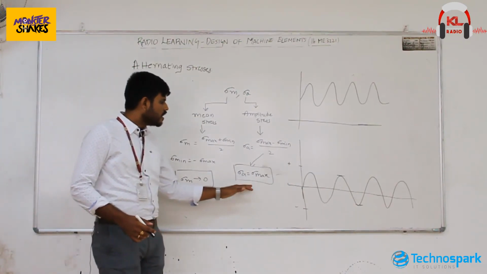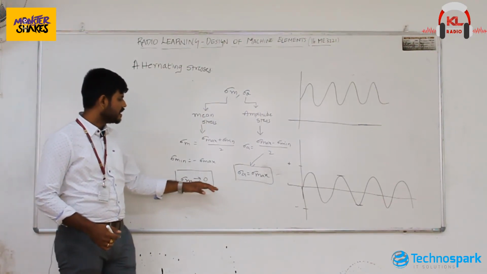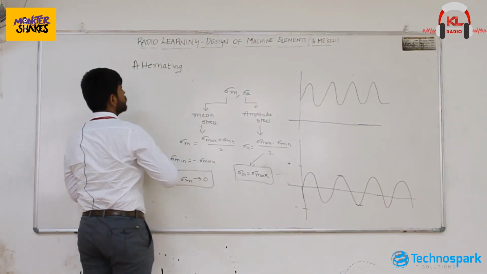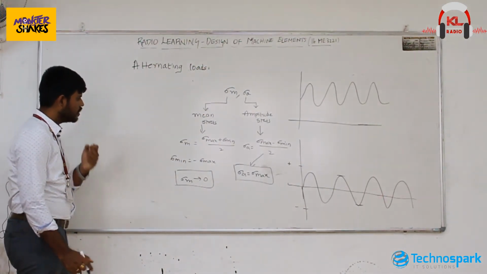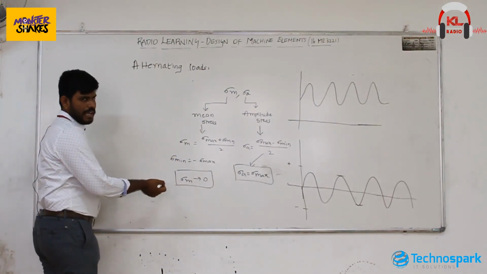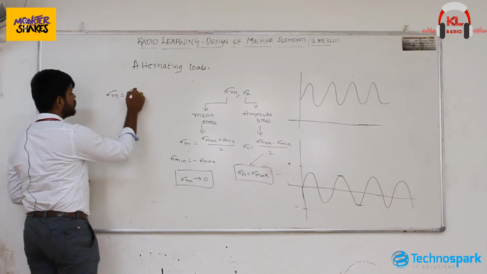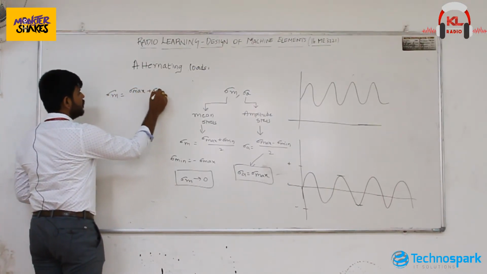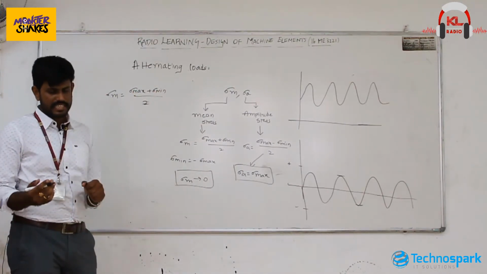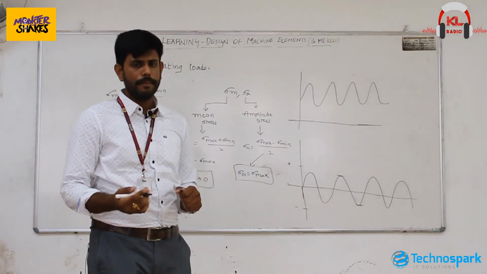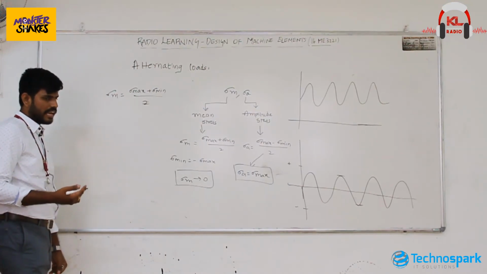Mean stress might not affect completely reversed loading, but it might affect alternating loads. Here, sigma m, the mean stress, can't be 0. Since sigma m is equal to (sigma max plus sigma minimum) by 2, sigma minimum is not equal to minus sigma max here, so the value of sigma m remains greater than 0.